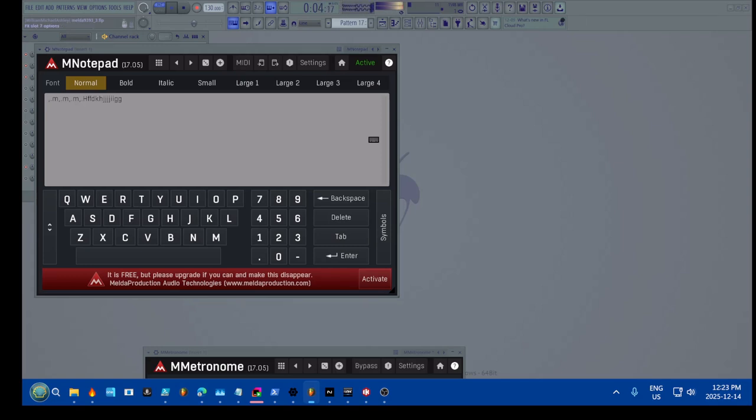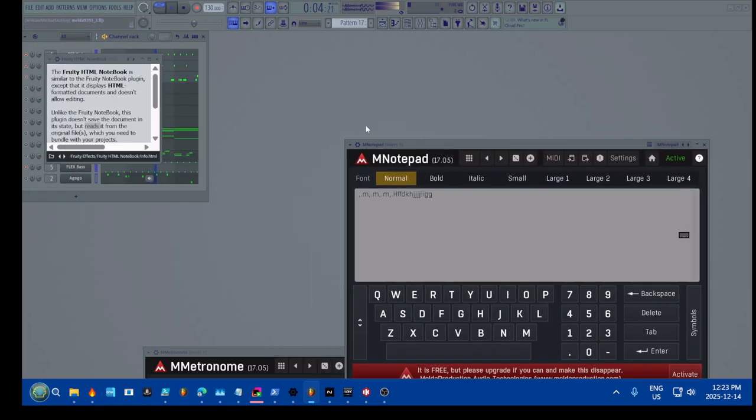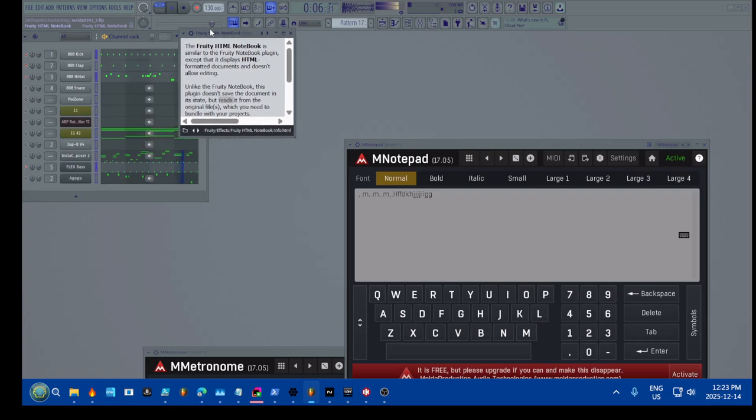Where I think that FL Studio is cool is the Notebook. So this can open web pages and stuff. So this is one way that FL Studio actually is a little bit cooler, because you can actually browse the internet with this.